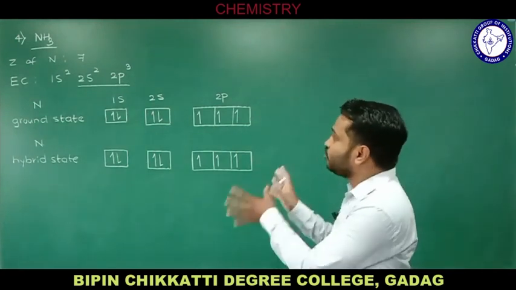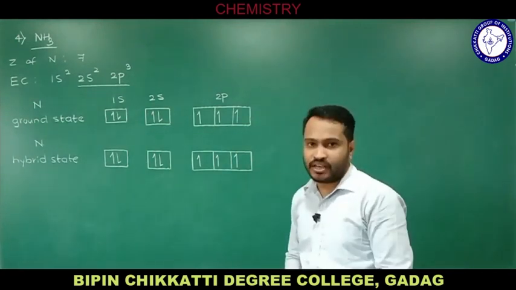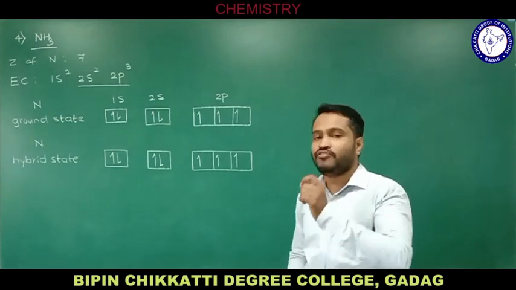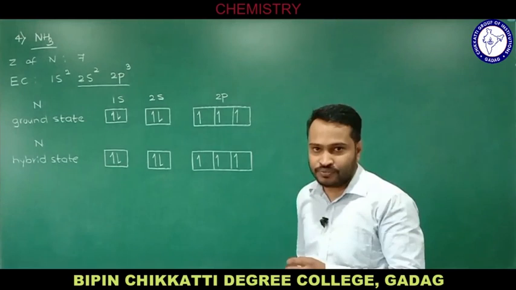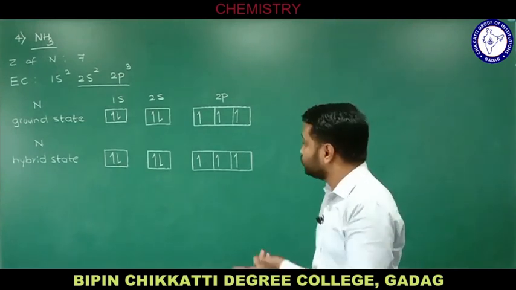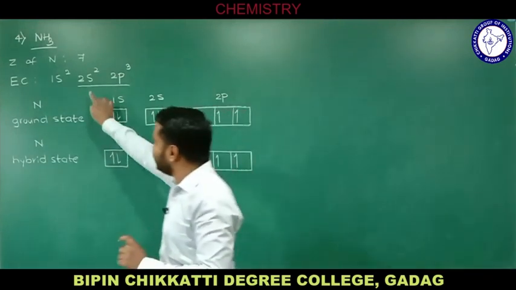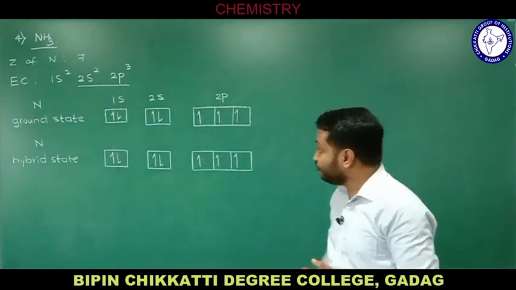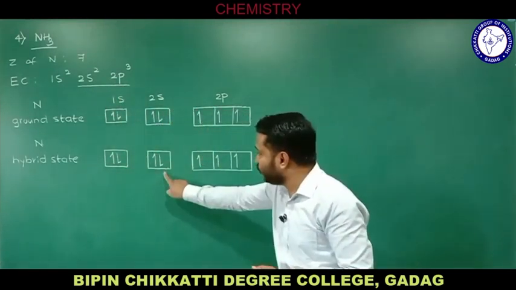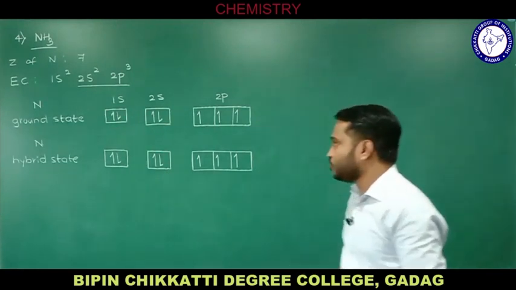How many atomic orbitals are involved? Remember that in chemical bond formation, there is involvement of valence electrons, that is, the atomic orbitals of valence electrons. So 2s is involved as well as 2p, underline that. Therefore this also is going to be involved and these also are going to be involved.